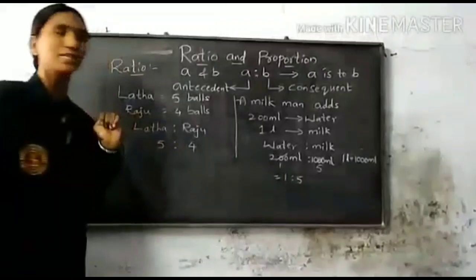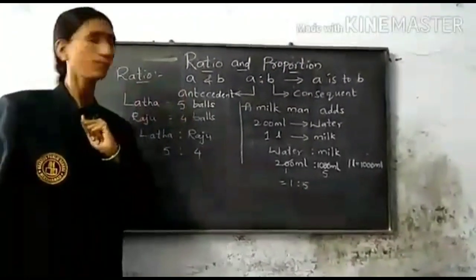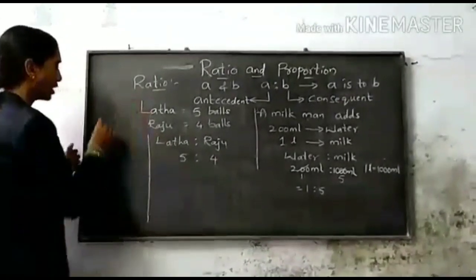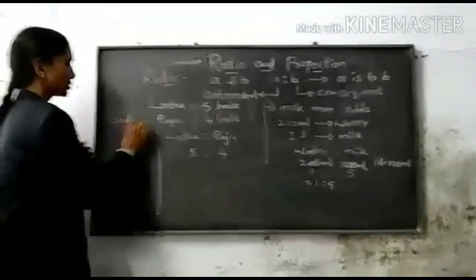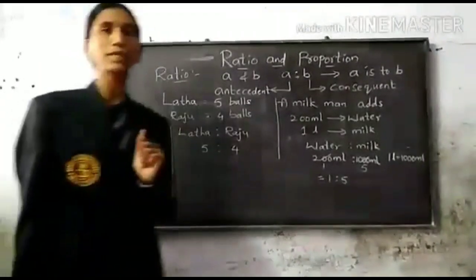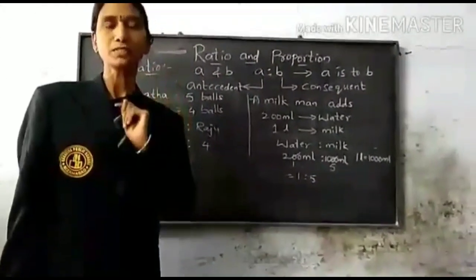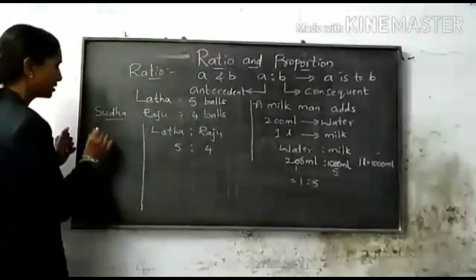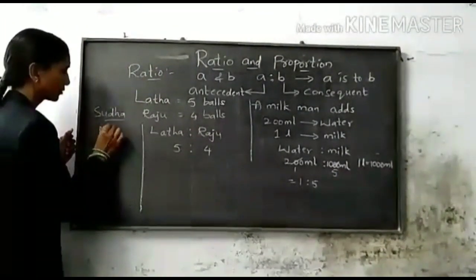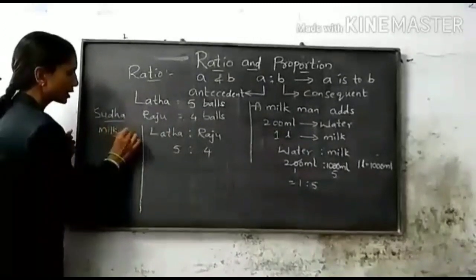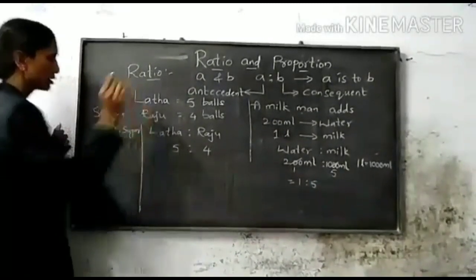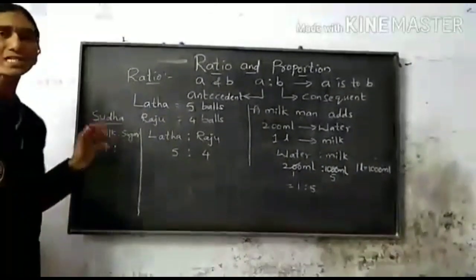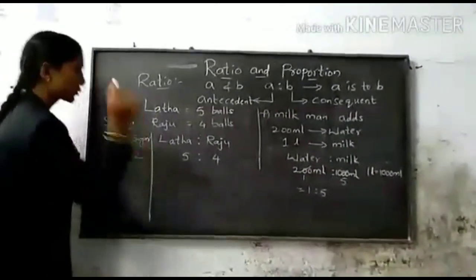Now, next, ratios in different situations. For example, there is a girl, Sudha. She wants to prepare tea for one person. So she takes milk and sugar. She takes 1 cup of milk and adds 2 spoons of sugar.